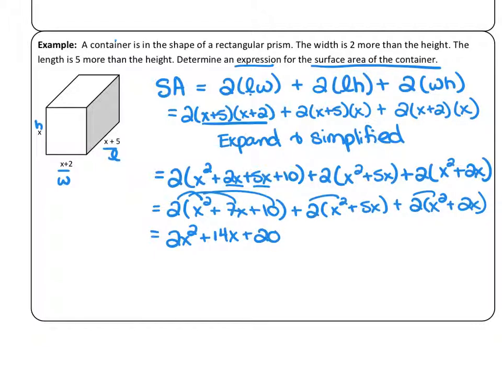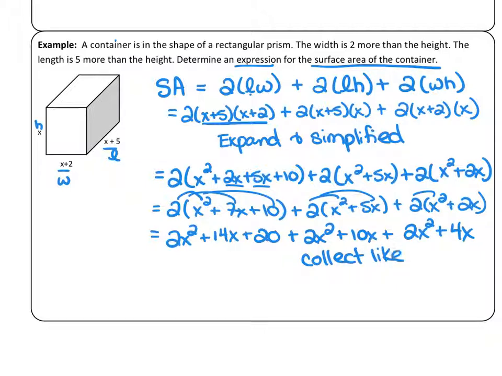And at this point, we can just drop the brackets because we don't need them anymore. 2 times x squared is 2x squared. 2 times 5 is 10x. And then the last one is 2x squared plus 4x. And then here we will collect our like terms.